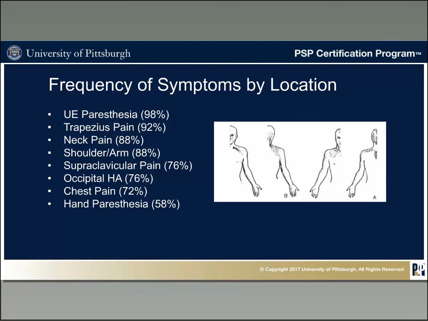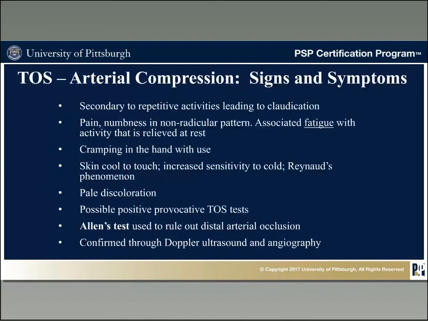The majority of patients will also experience some type of shoulder and arm symptoms. They may also present with some supraclavicular pain. Occipital headache, chest pain, and hand paresthesias have also been reported in patients with thoracic outlet syndromes.